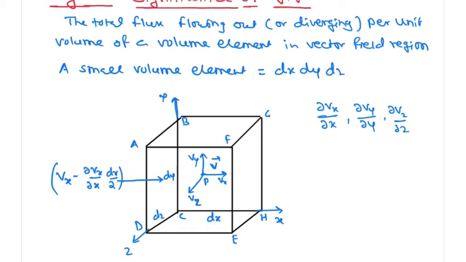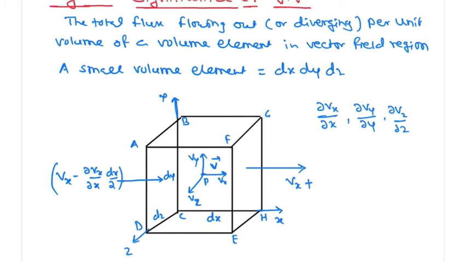Similarly, the magnitude of the x component of the vector field at the center of the other face, EFGH, that field is normally directed outward and its magnitude is Vx plus ∂Vx/∂x into dx/2. Why do we take plus?